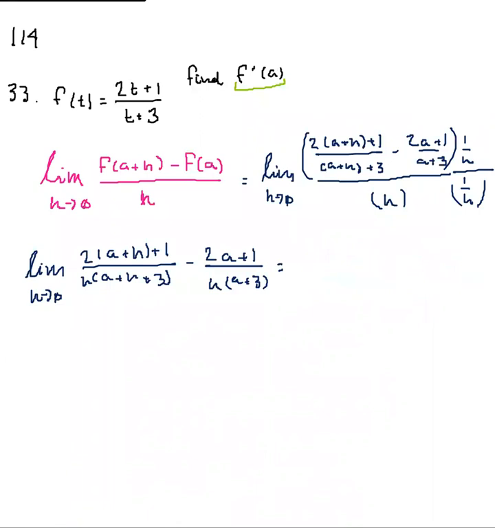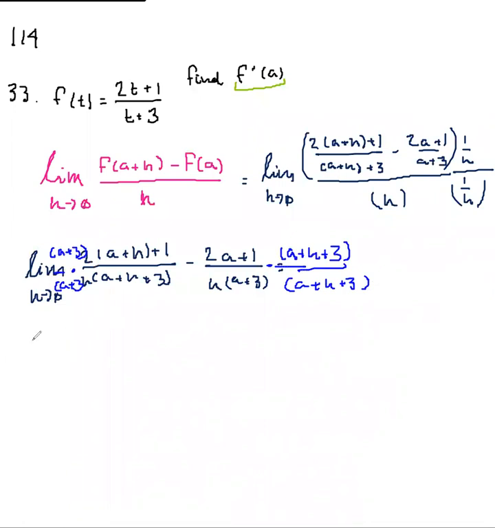What I want to do is multiply both of these by, or rather, I want to multiply both of these by 1. So this is going to be a plus h plus 3 over a plus h plus 3, and this is going to be times a plus 3 over a plus 3, right? So this is just multiplying by 1.